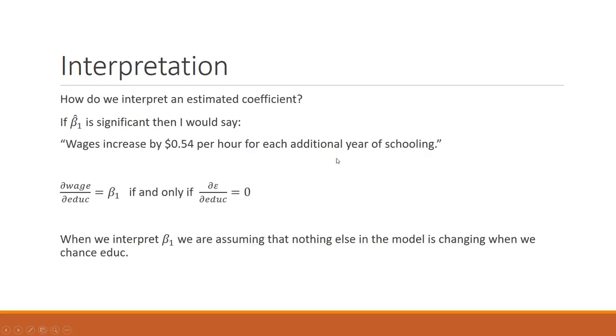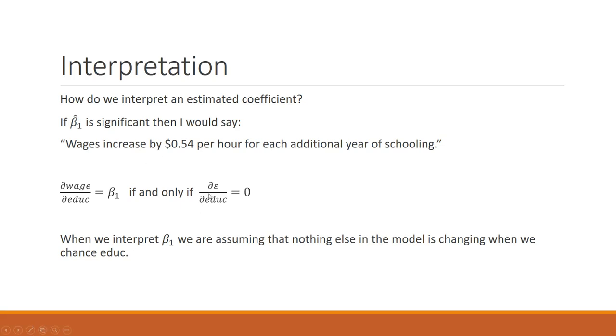All right, I want to make this even more clear. Basically, beta 1 equals the change in wage given a change in education. But this is if and only if no other factors are changing when I change education. So when I interpret it that way, I'm assuming that when you increase education, that does not change anything else.